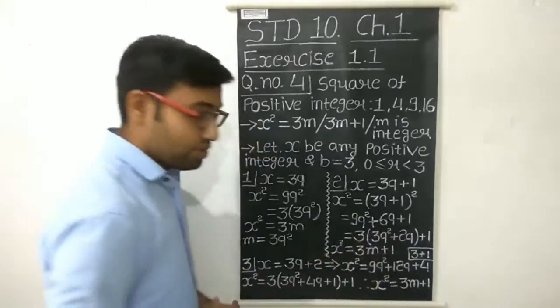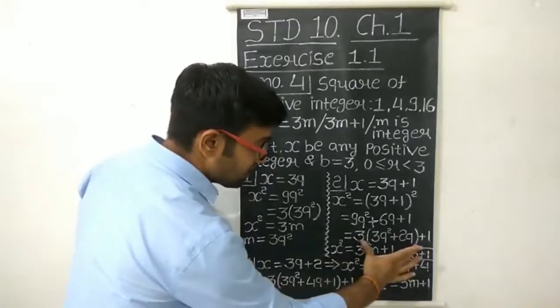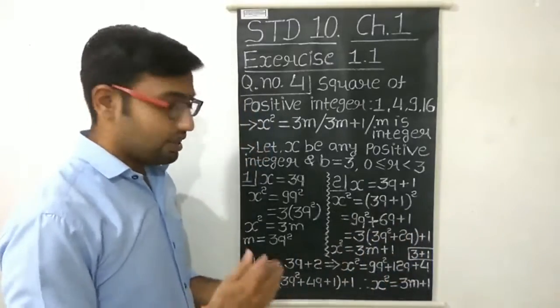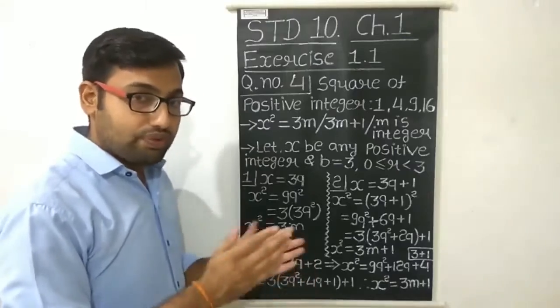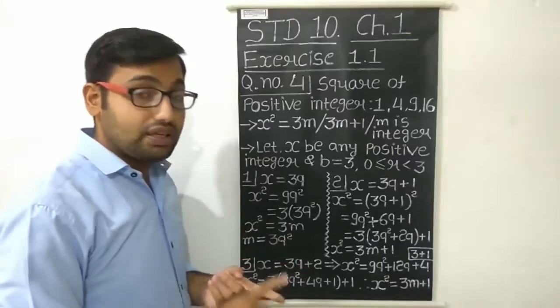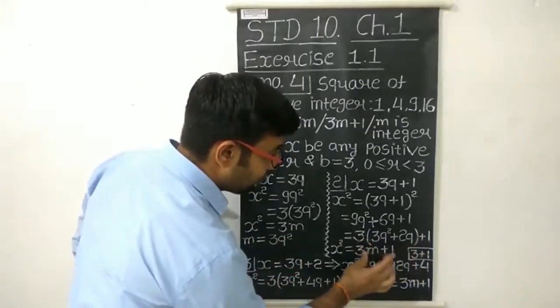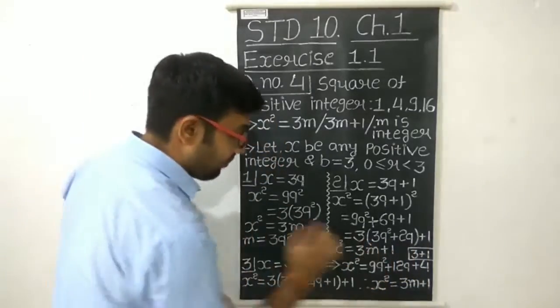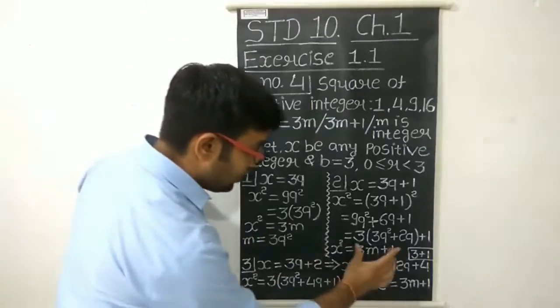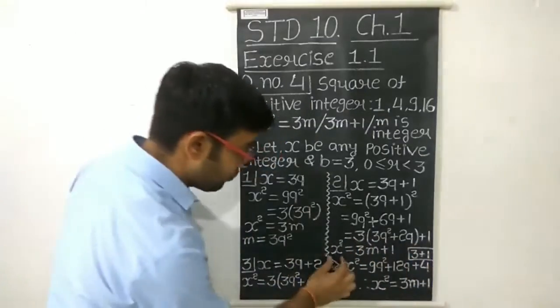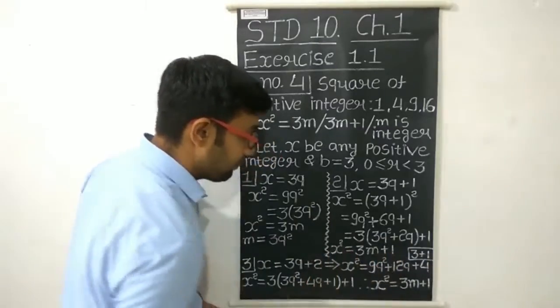As q is a positive integer, we will get some integer value for this bracket, like say 100, 1000, 2055, any value, but it must be a positive integer. So instead of this bracket we can put down one integer, that is m, right? So here we will get 3m plus 1.